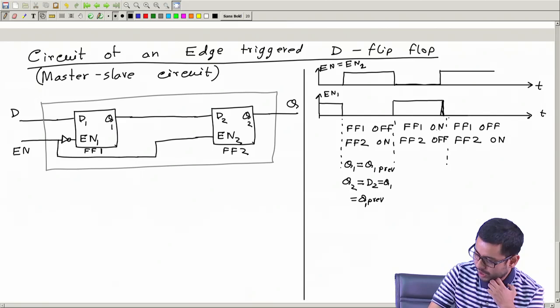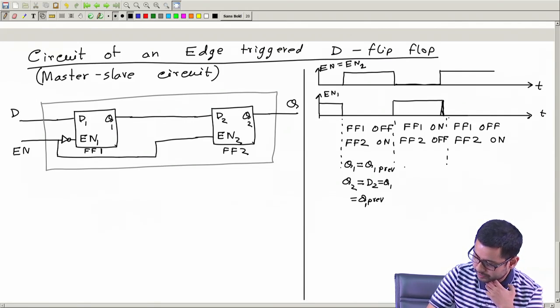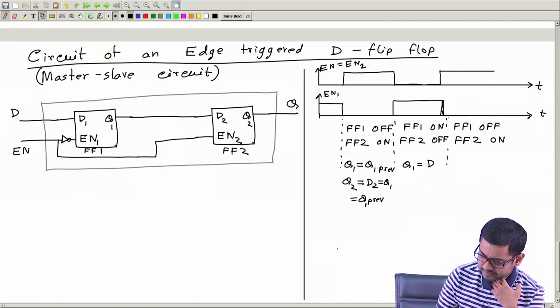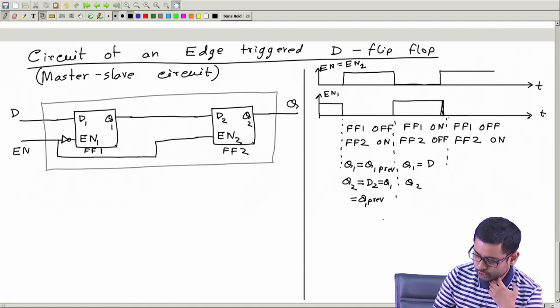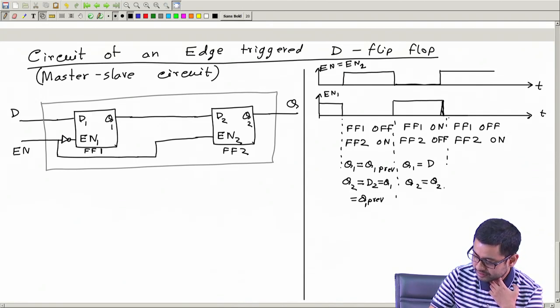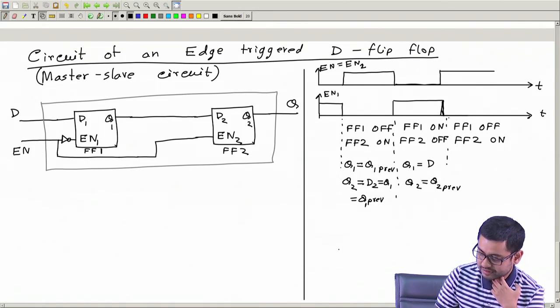Here flip flop 1 is on, which means Q1 is equal to D1, and D1 is equal to D. Okay. And what about Q2? Q2 will stay at Q2 previous, because flip flop 2 is off.